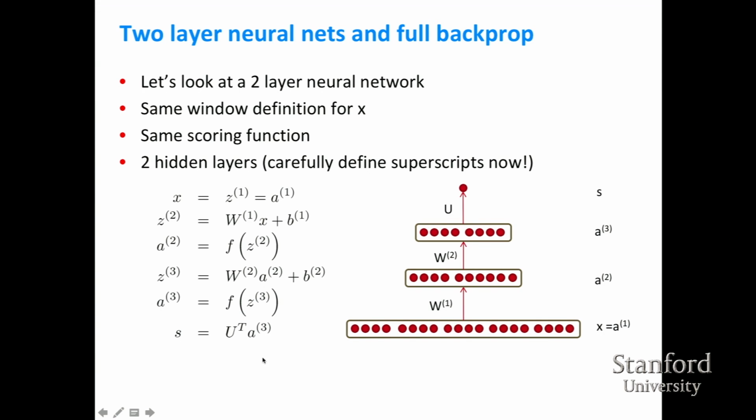So U transpose is our last, what the question is, what's U transpose? And U transpose is our last layer, if you will, but there's no nonlinearity with it, and it's just a single vector. And because by default in the notation of the class, we assume these are column vectors, we transpose it so that we have a simple inner product.